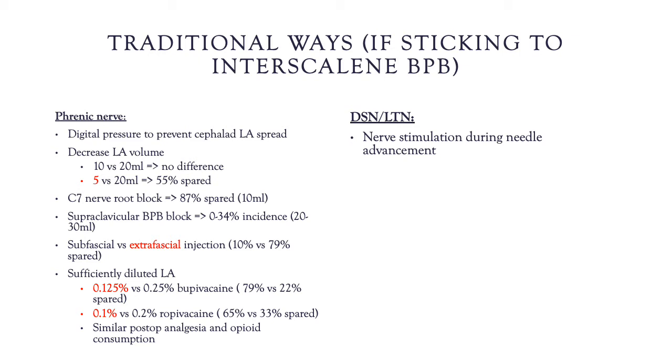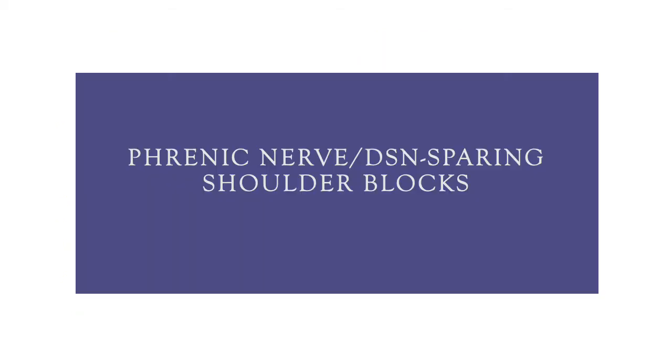When we look at the dorsoscapular nerve and long thoracic nerve, it's very difficult to identify them first of all, and therefore people used to suggest using nerve stimulation during your needle advancement. It's a valid way, but the problem is it may lead to twitching of the muscle while your needle advances, which may lead to patient discomfort and also complicate your procedure because the patient's arm keeps twitching.